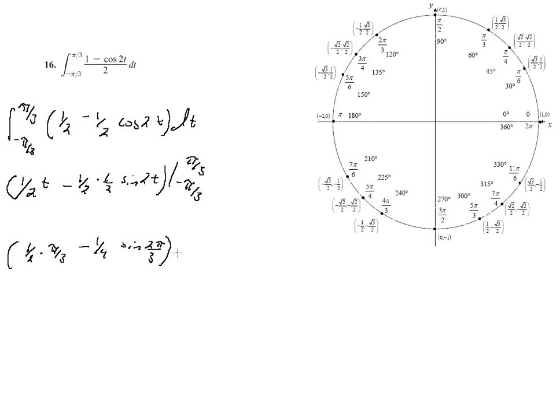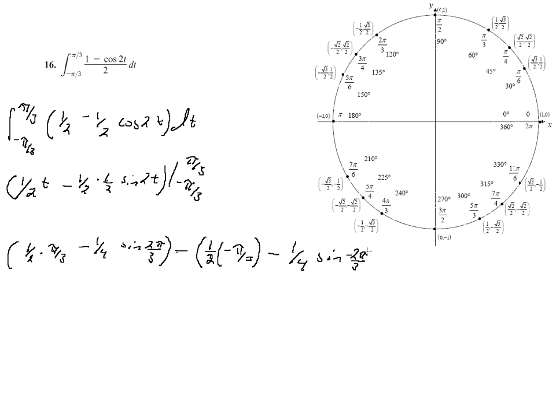Minus 1/2 times negative pi over 3. Skipping steps there, I was already multiplying in my head. Negative pi over 3, minus 1 over 4 sine of negative 2 pi over 3.